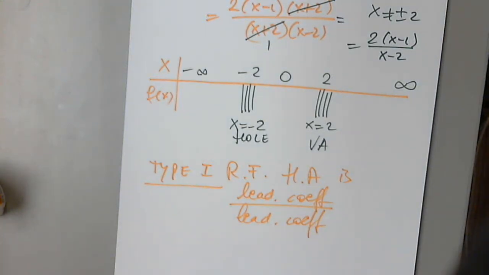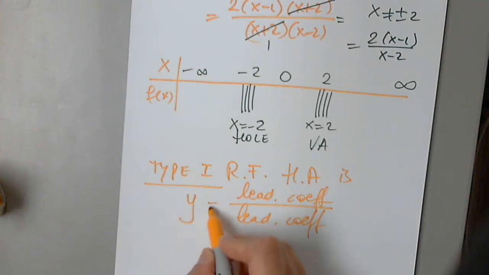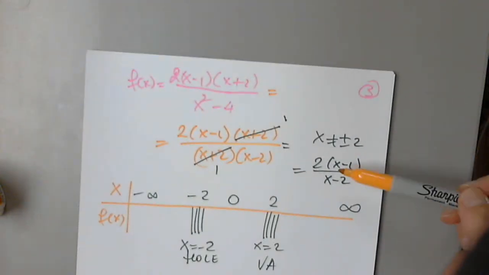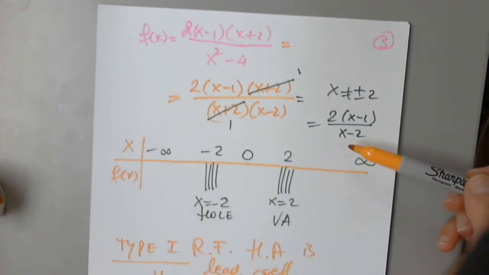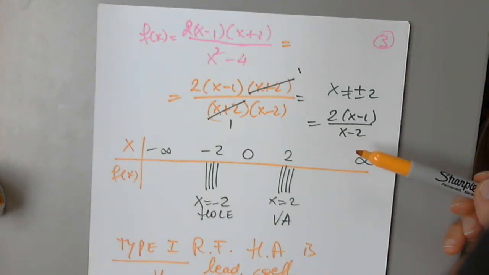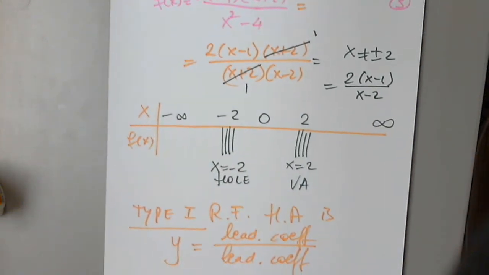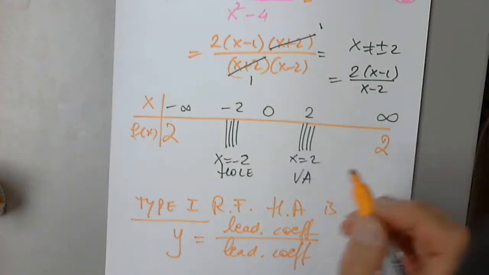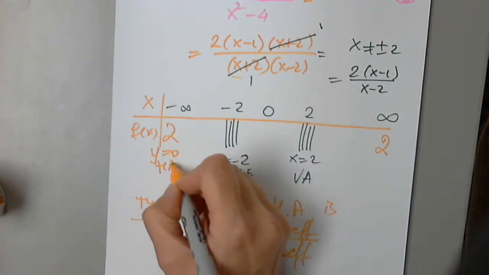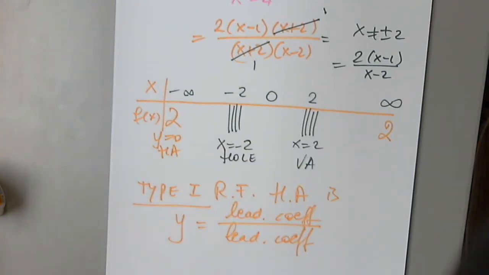I showed you an example by factoring out the degree, top and bottom. But this is what it is. So this is y equals. What is the leading coefficient of the top? 2. What is the leading coefficient of the bottom? 1. So the horizontal asymptote will be 2. So then y equals 2 is the horizontal asymptote. Well done.